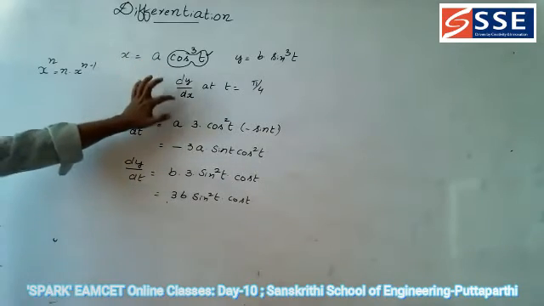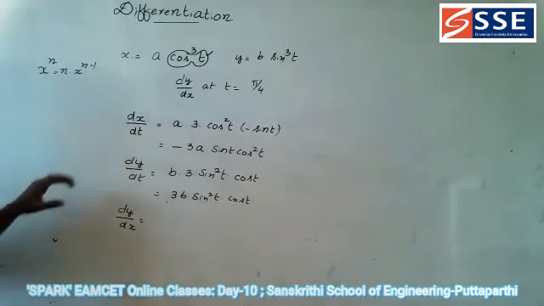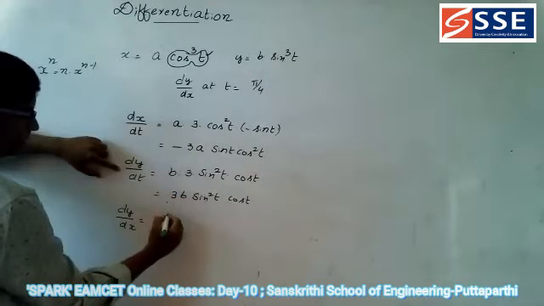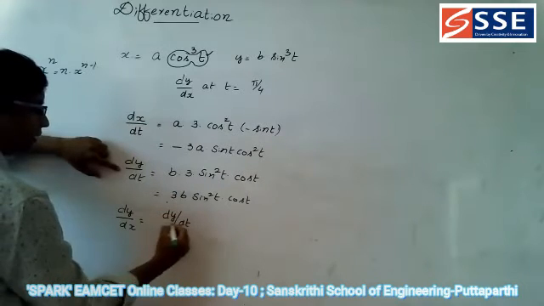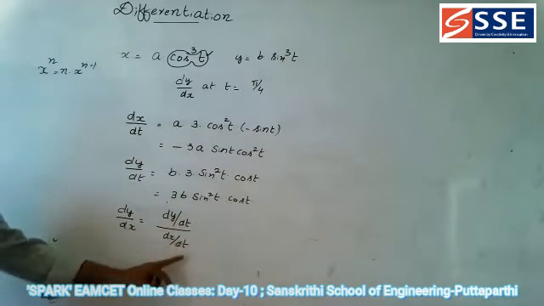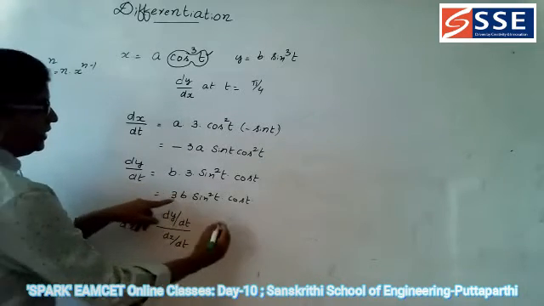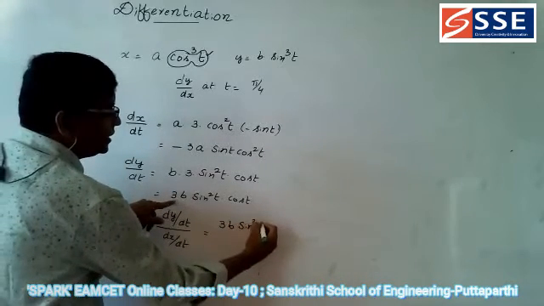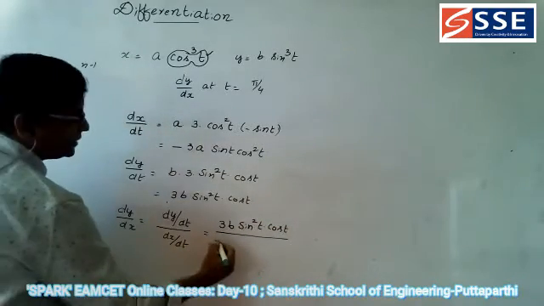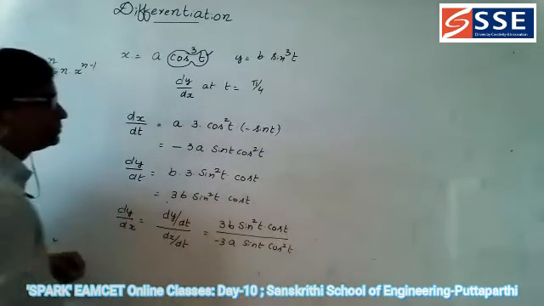Now, what do you mean by dy by dx? How are we getting it from these two? Divide the second term by the first term. So dy by dt divided by dx by dt, the dt gets cancelled away, and you can get dy by dx. So dy by dx is 3b sin square t cos t divided by minus 3a sin t cos square t.